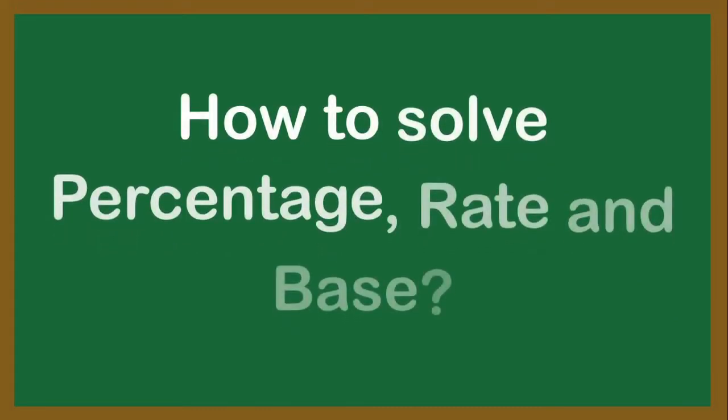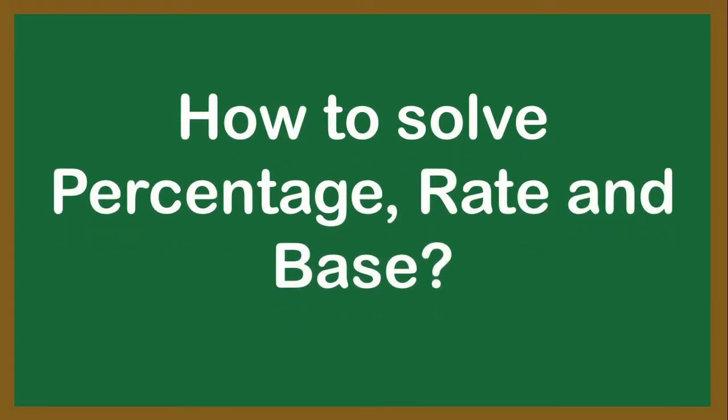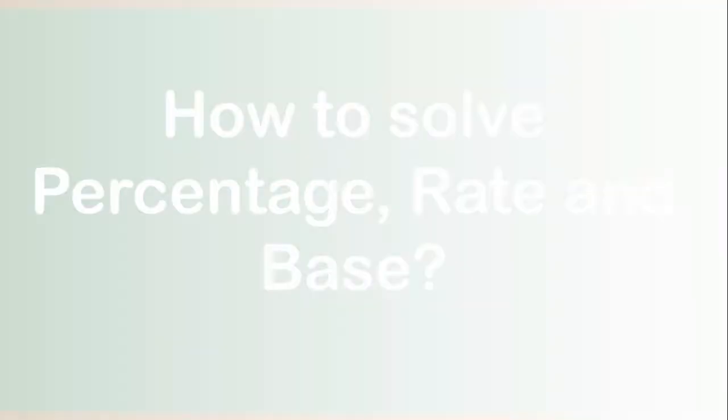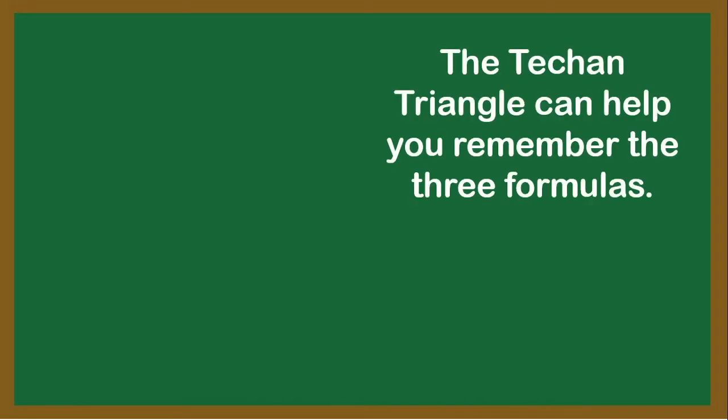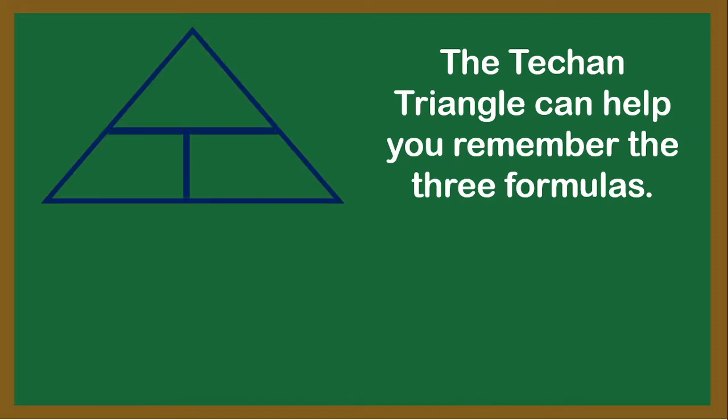How to solve percentage, rate, and base. To solve for percentage, rate, and base, we're going to use formulas. The Tecon triangle can help you remember the three formulas. Here is your Tecon triangle.